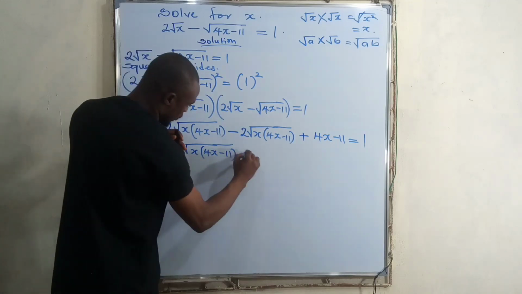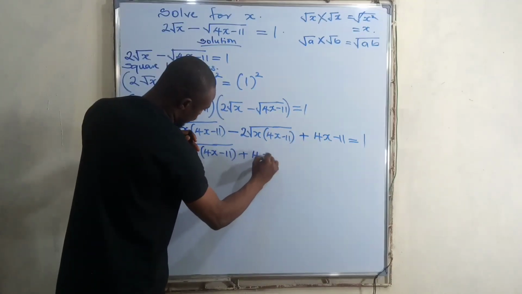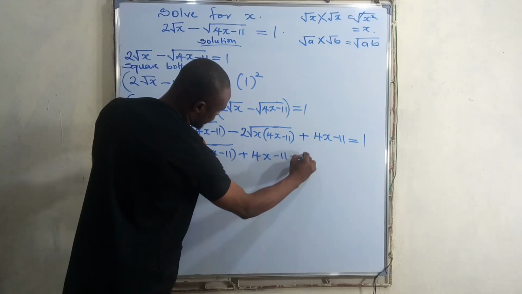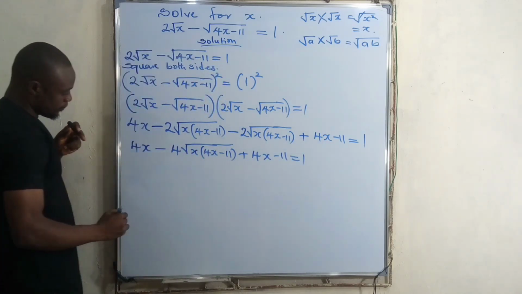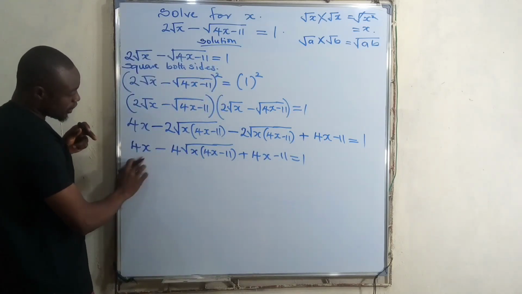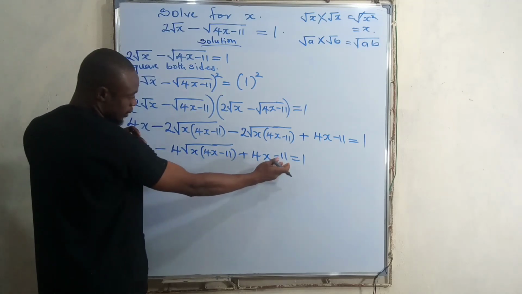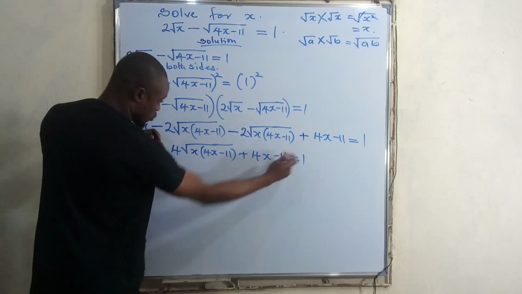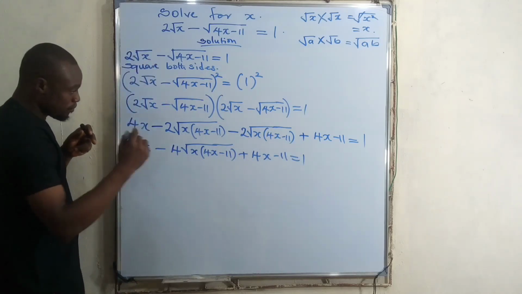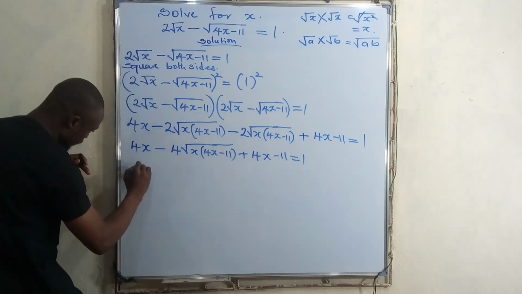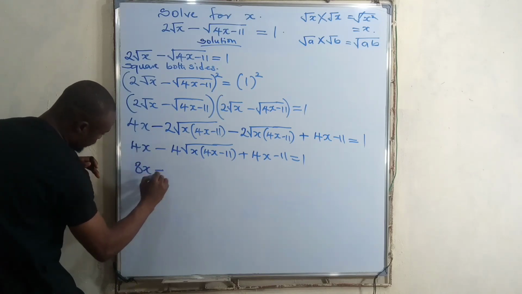Now because we have 4x minus 11, 2x minus 11, 2x minus 11, that is 4x. So this is 4x minus 11 equal to 1. So we have 4x there and 4x here. We can add the two of them to give us 8x. Again, we have minus 11 and positive 1. So if that one crosses, it gives us 12.